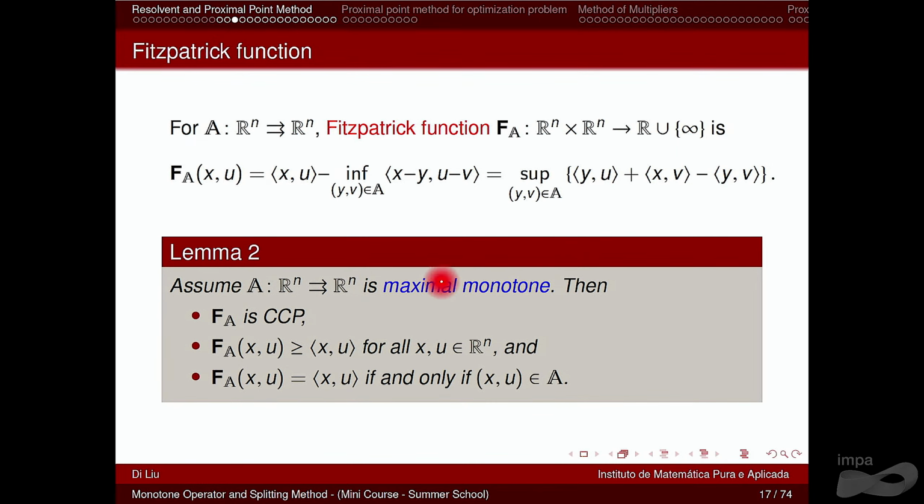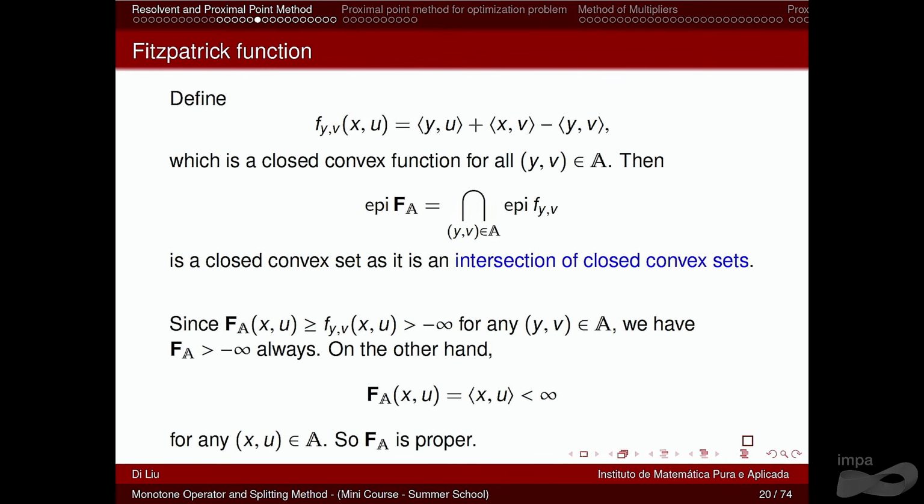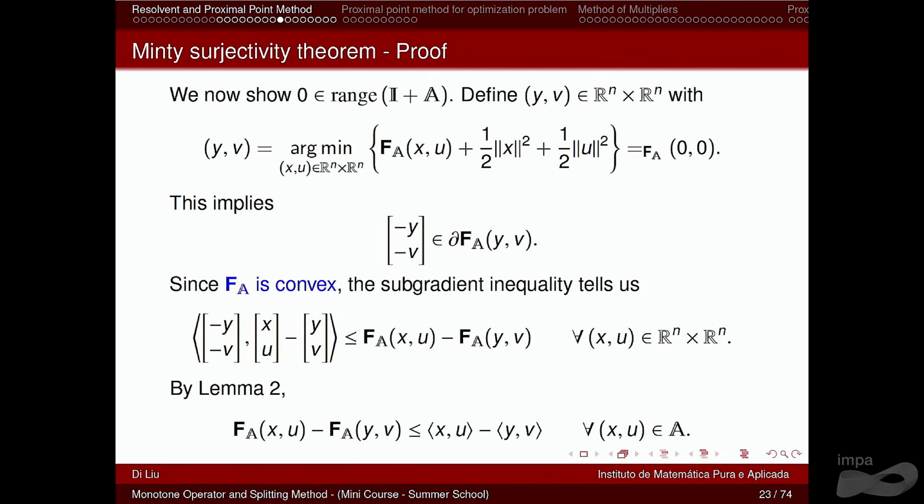First, for any x u in the whole space, we have this inequality, and for any x u in A, we have this inequality. We use these two terms together, and we can get this term. Okay, for here, pay attention. For any x u belongs to A, not x u belongs to the whole space.